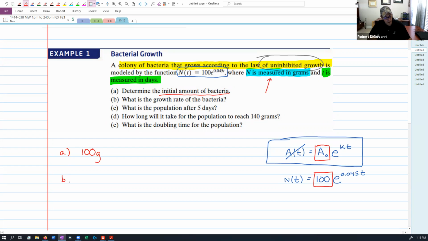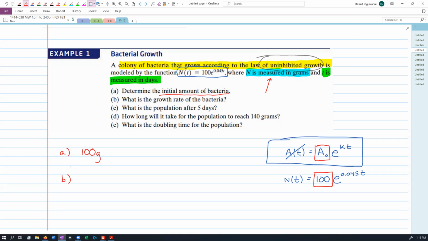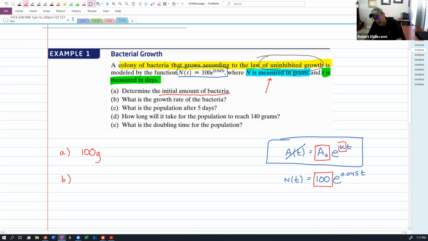Now, part B asks for the growth rate of the bacteria. So who wants to give me the growth rate? 0.045. Okay, yeah, so the growth rate is the k, right? It's the number in front of the t. And so we're going to put 0.045, and that is it. We're going to leave it as a number.